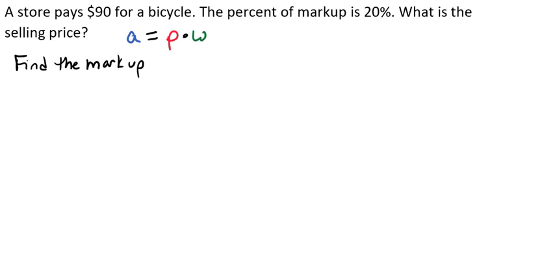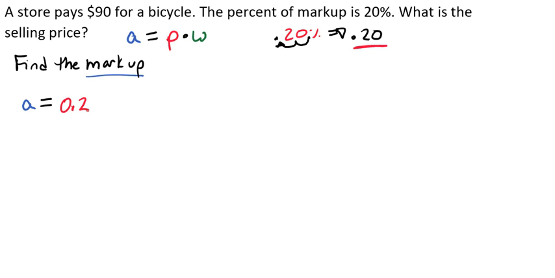First we want to find our markup. So we take that 20% and rewrite it in decimal form. We move our decimal 2 times to the left, which gives us 0.20.